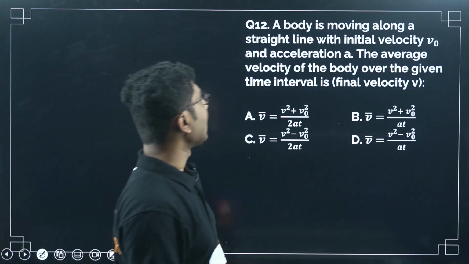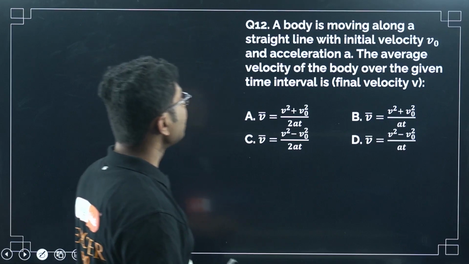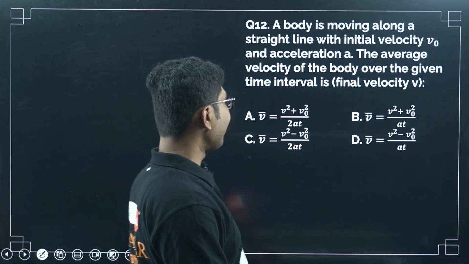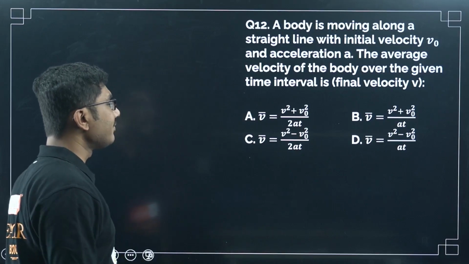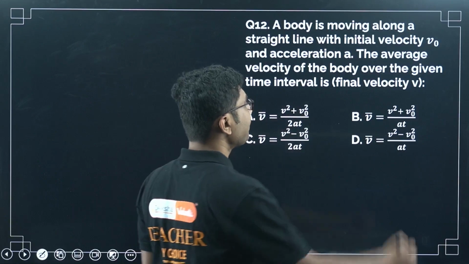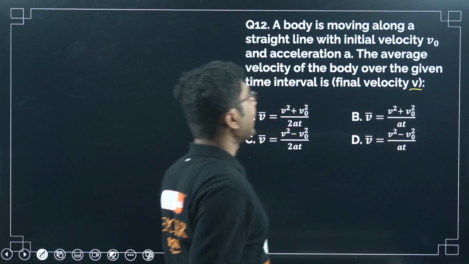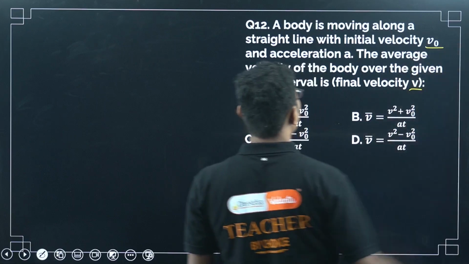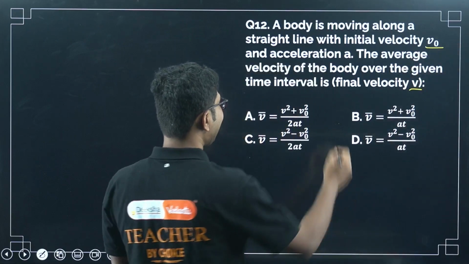A body is moving along a straight line with initial velocity v0 and acceleration a. The average velocity of the body over the given time interval is. So final velocity is given v, and it starts with the initial velocity v0, and acceleration a.